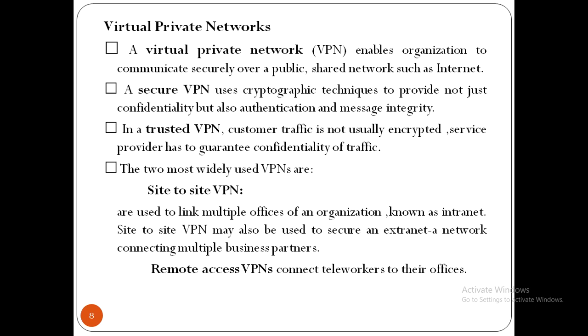Site-to-site VPNs may also be used to secure an extranet, a network connecting multiple business partners. So understand the difference between the intranet and the extranet compared with the internet. Remote access VPNs connect teleworkers, that is, mobile users or users from home, to other offices.